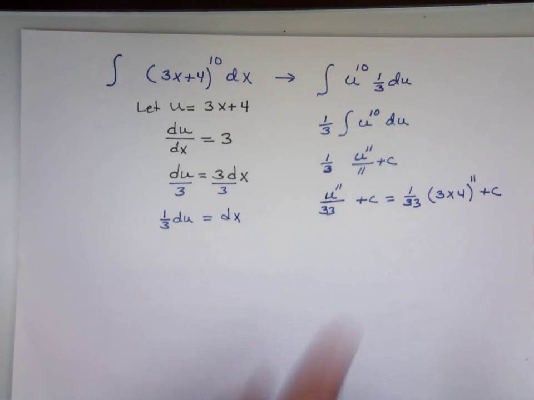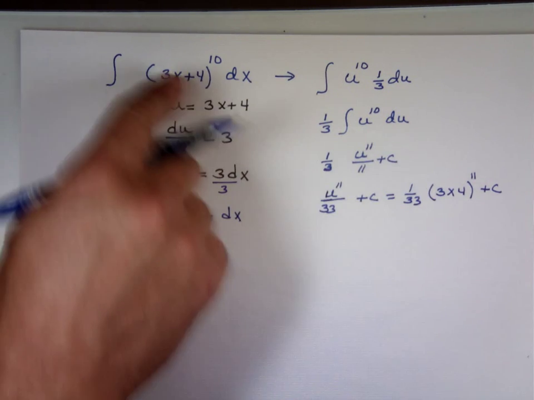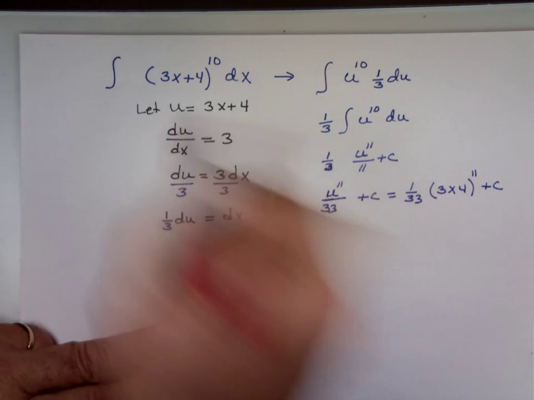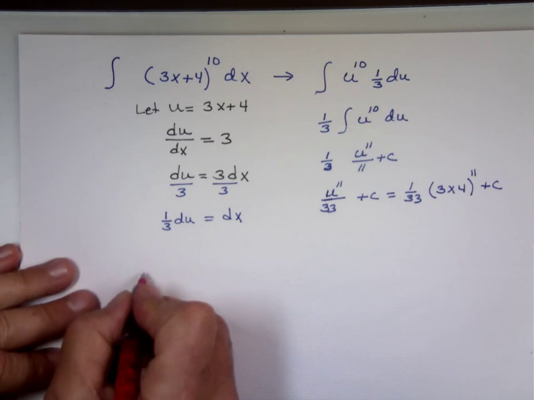If I take the derivative of that, I guarantee you we're going to have that answer. And let's see if that's true. I'm making the claim: if I take the derivative of that, it should give me this. Let's check it.